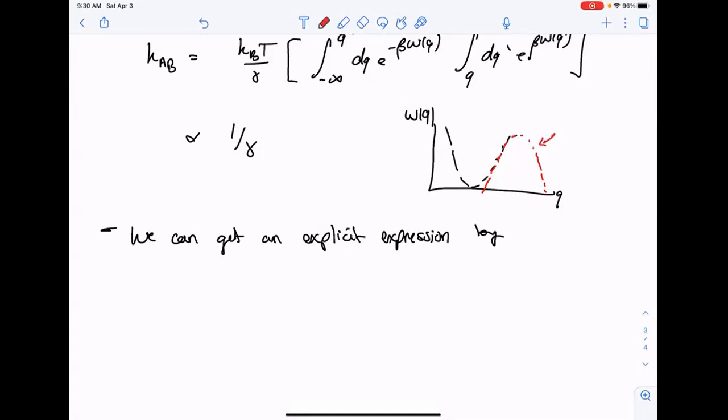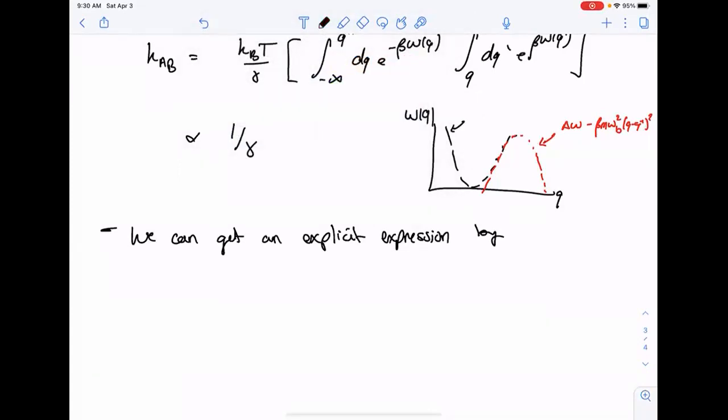So there's some offset delta omega and an upside down parabola, minus beta m, some frequency squared, q less q star squared.